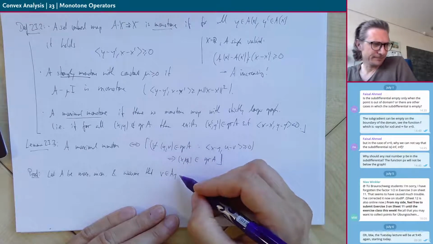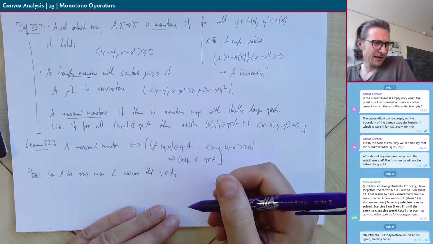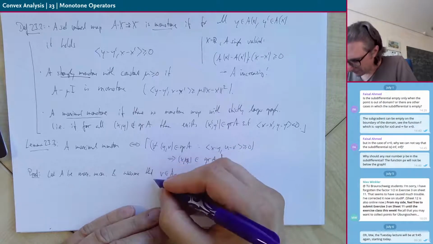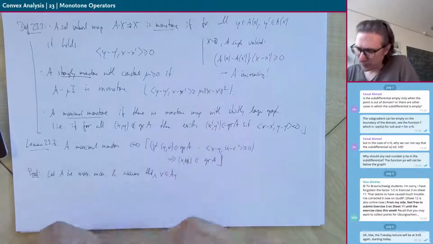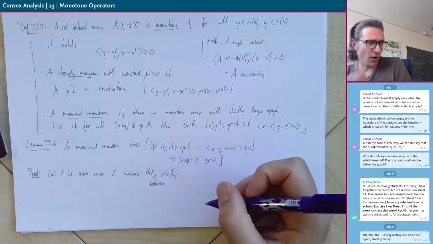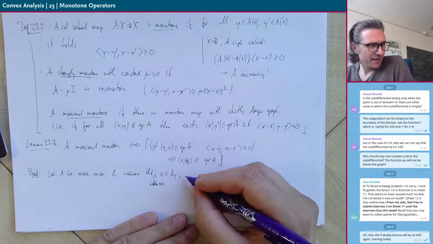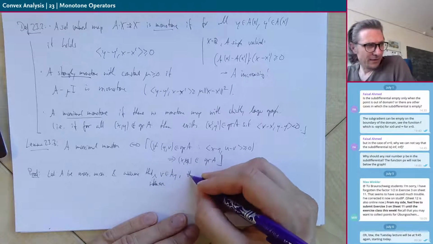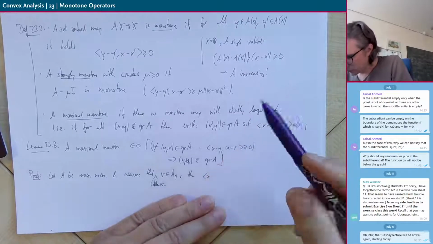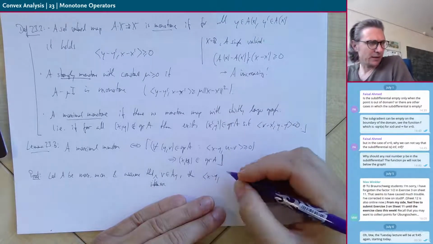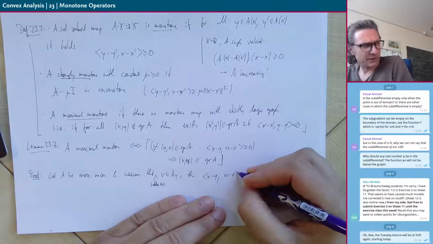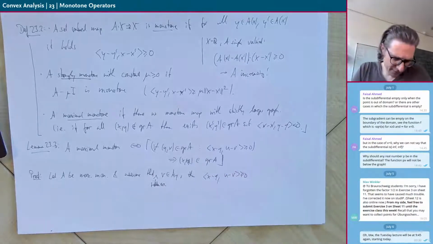And assume that whenever v is in A of y, then x minus y times u minus v is positive.